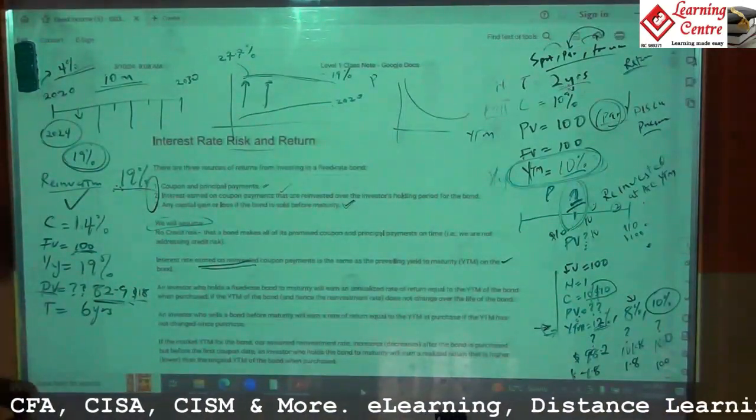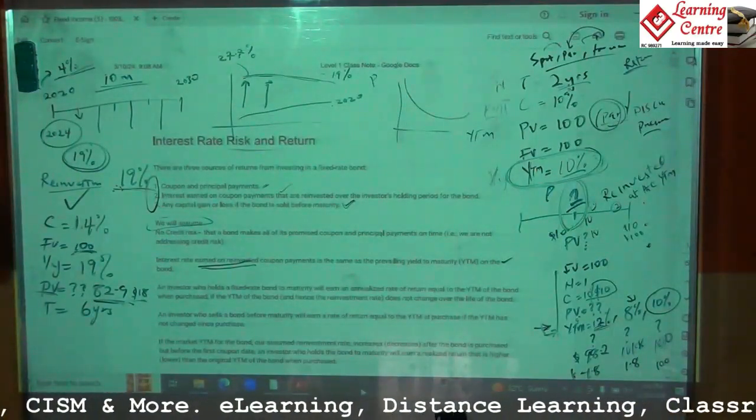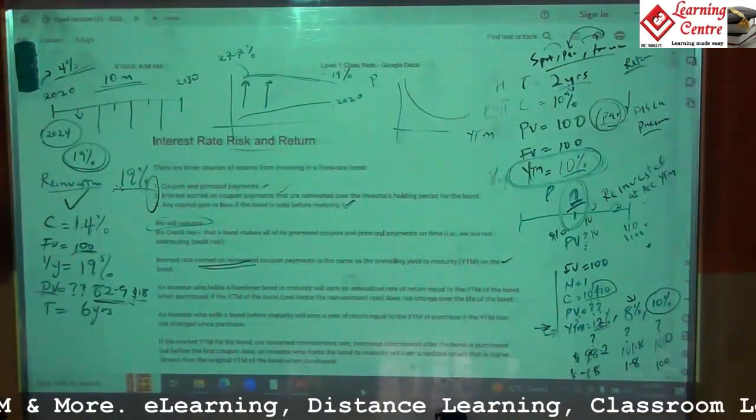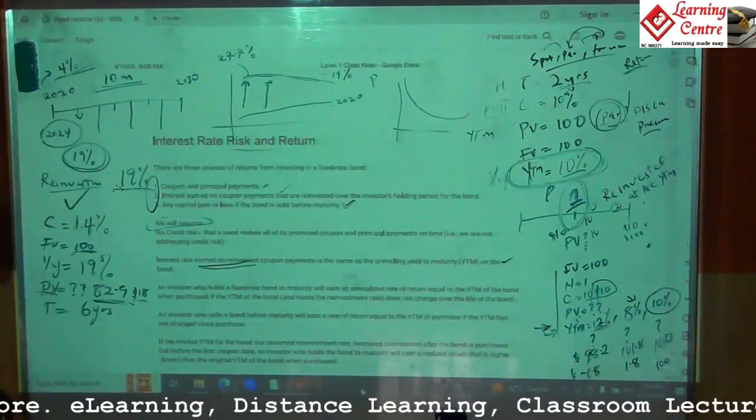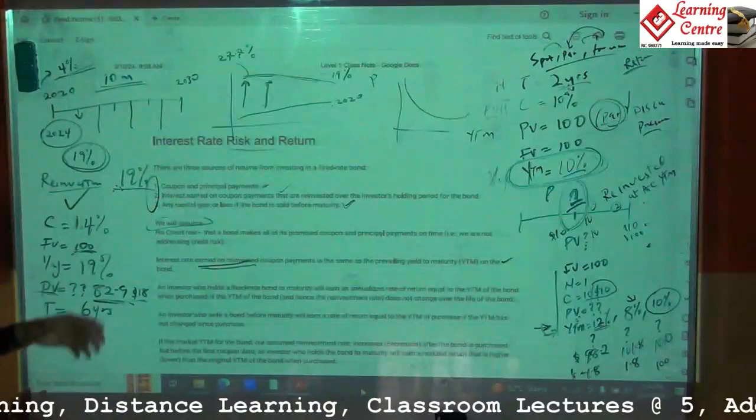So negative, right? Negative. It's a price that you pay.